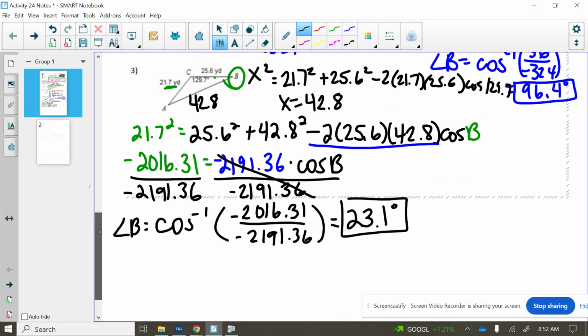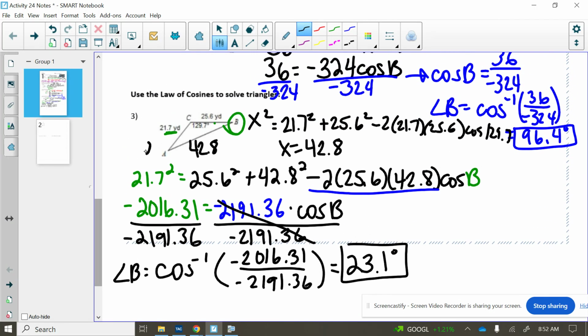Now the last part of this, now that we have 2 out of the 3 angles, is we don't have to necessarily do the law of cosines to get our final remaining angle. Remember, there are only 180 degrees in our triangle. We have 2 of them, 129.7 and now the 23.1.